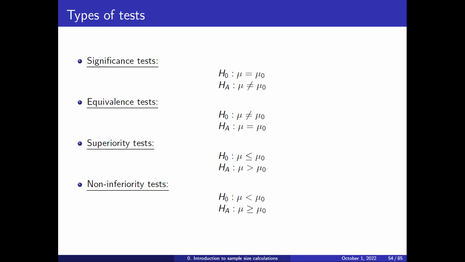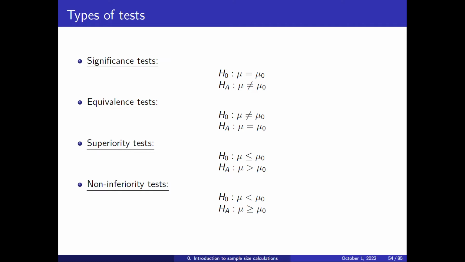It is important to say that the kind of tests that we do typically in biomedical research are significance tests. You want to show that what you're measuring is different from a reference situation. But you might be interested in the opposite, showing that what you are doing is equal to something. This is, for instance, very used in equivalence or in the manufacturing of generics.